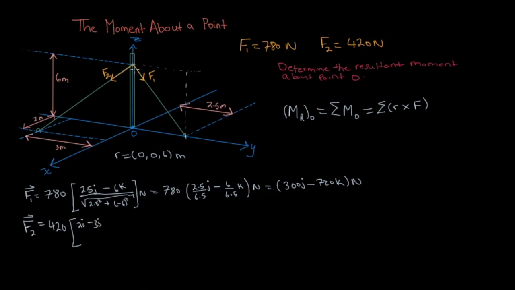And just like F1, it goes down on the z-axis by 6 meters, so it'll be minus 6k. I'm going to divide that by the magnitude of the distance, which would be the square root of 2 squared plus negative 3 squared plus negative 6 squared.